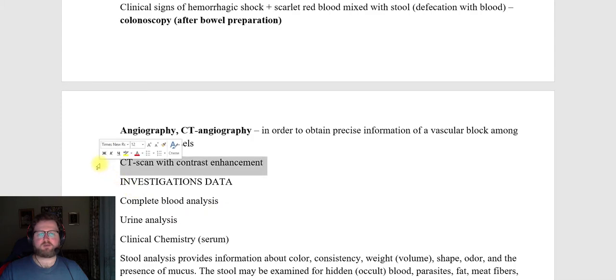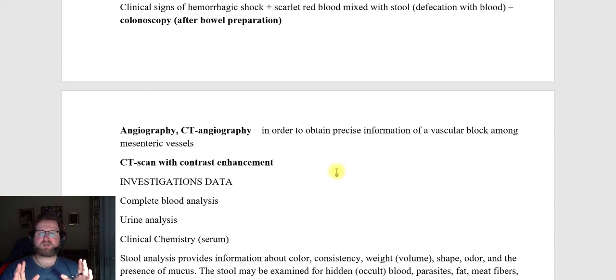So a CT scan with contrast enhancement can give you maybe the most precise overview of what's happening in the patient's abdomen, but according to the principle we've discussed, you don't have to multiply entities.